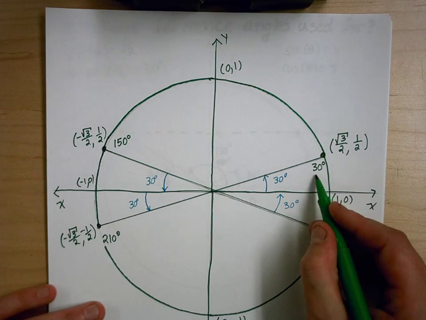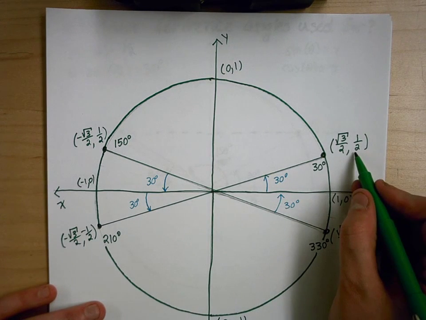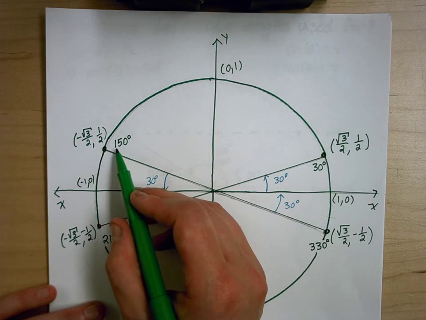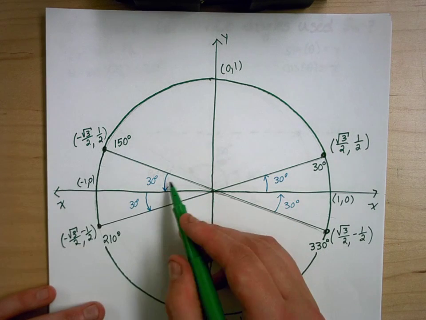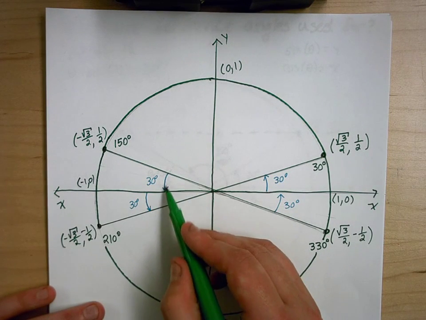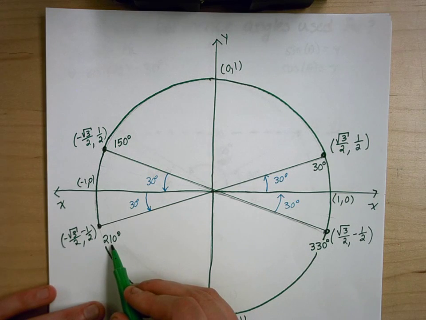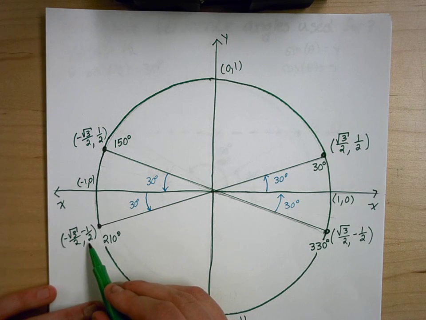Okay, so notice at 30 degrees, I have sine equals 1/2. And also at 150 degrees, I have that sine equals 1/2, and that also has a reference angle of 30 degrees. At 210 degrees, I have that the absolute value of sine equals 1/2. So even though sine equals negative 1/2, the absolute value is still 1/2.